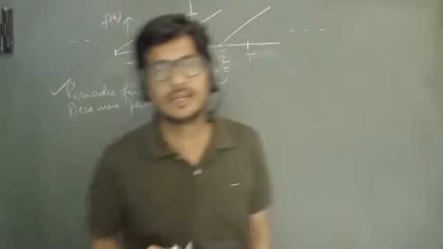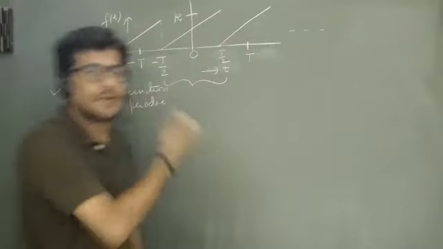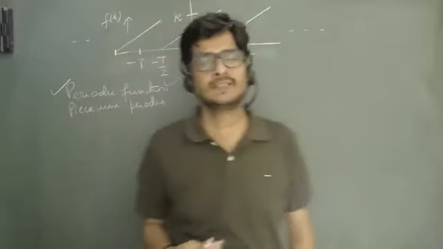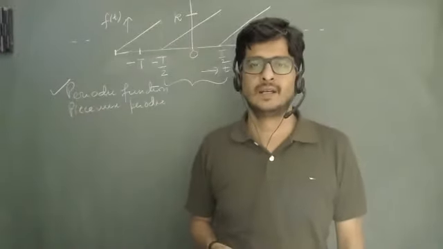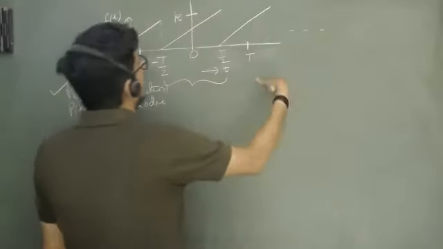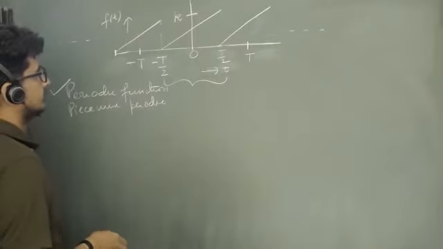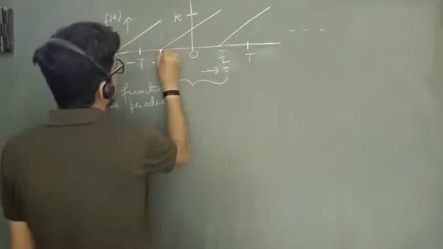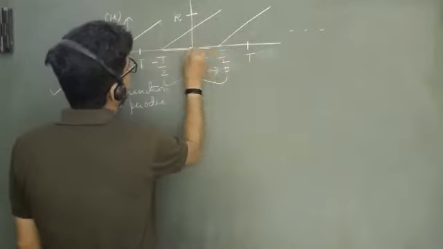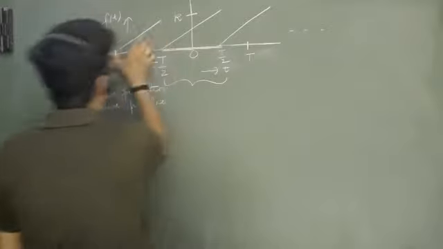Look carefully. Which part is repeated in the space? You have to tell me. If you understand this question, you can think that you have understood all of the Fourier series. This part is repeated from here to here. If I put this part here, the whole sequence will be formed.